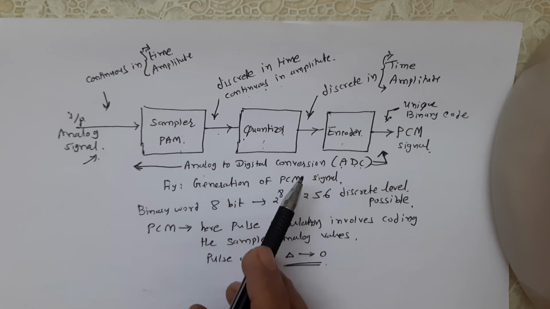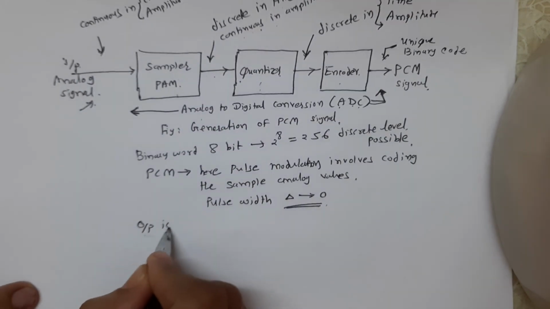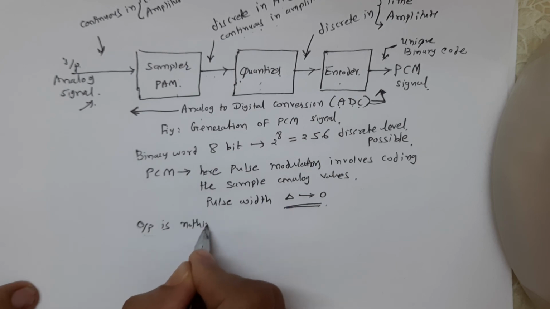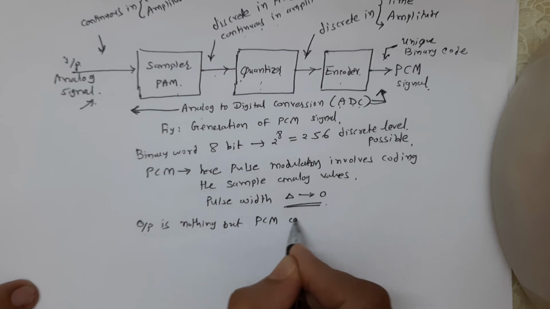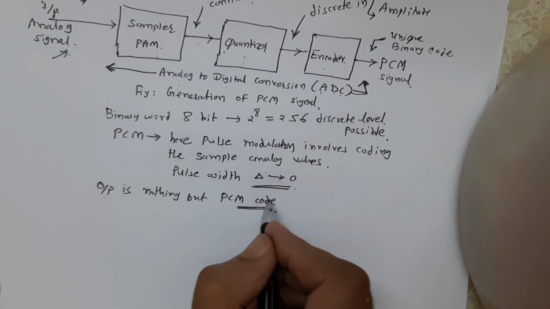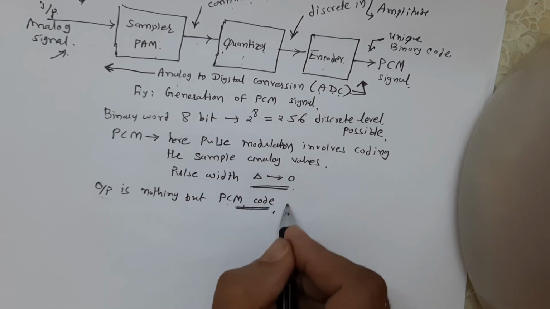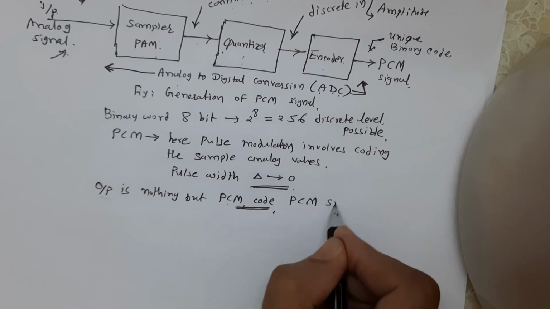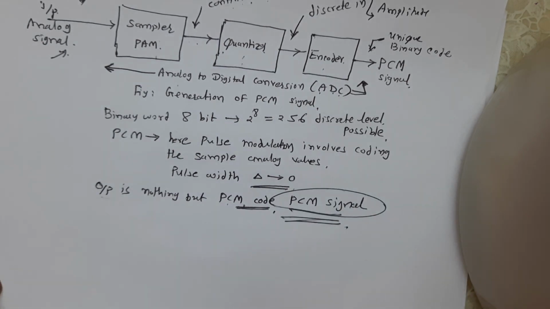Hence, for any analog signal, the output of the ADC is nothing but PCM code, pulse code modulation, or we can say PCM signal. That's all.